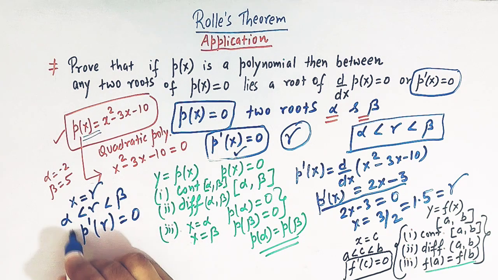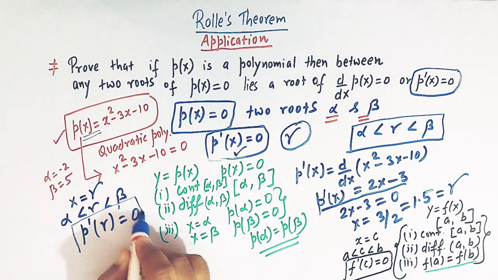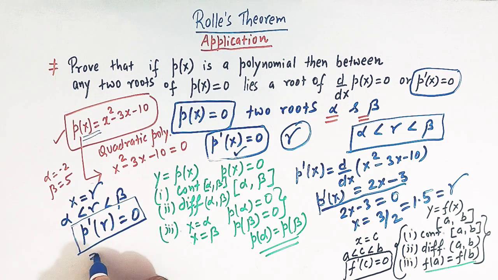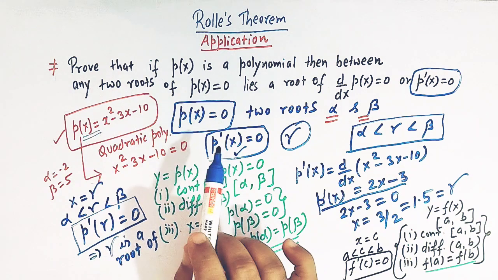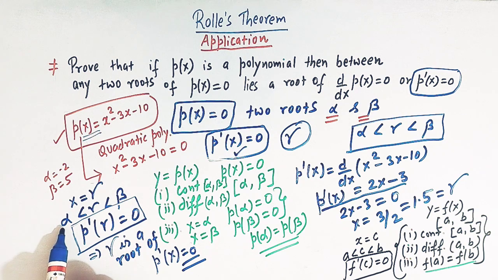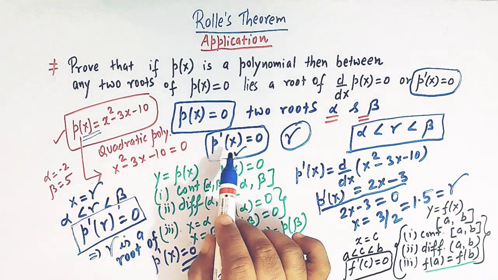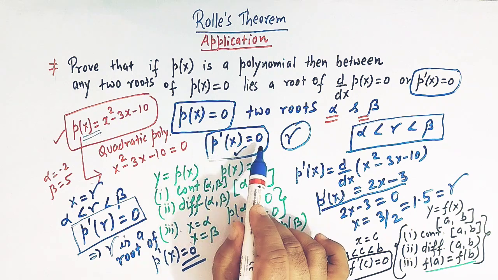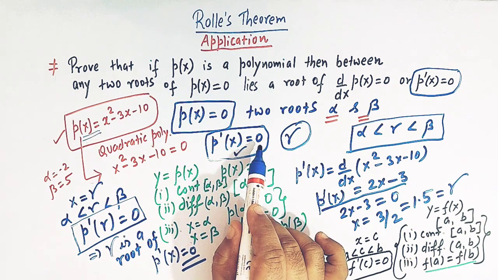So p prime of gamma should be equal to 0, and this equation suggests that gamma is a root of the equation p prime of x is equal to 0. So this real number gamma, which lies between alpha and beta, is a root of p prime of x is equal to 0.